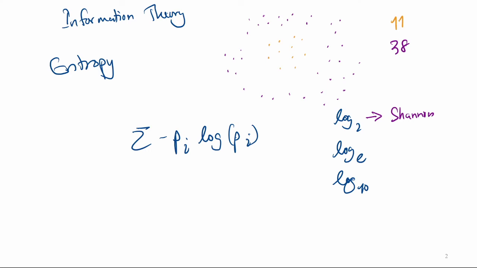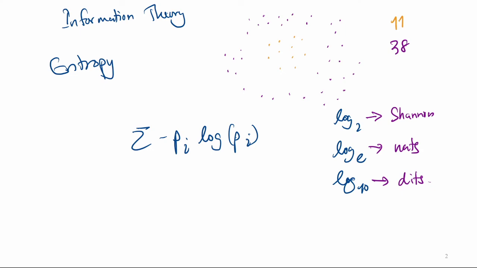So entropy used in log of base 2 is called Shannons, while this is called nats and this is called dits. Because my calculator on my computer can only calculate either nats or dits, I'm going to use nats because it's more natural. It's a natural logarithm, but it doesn't really matter, right?